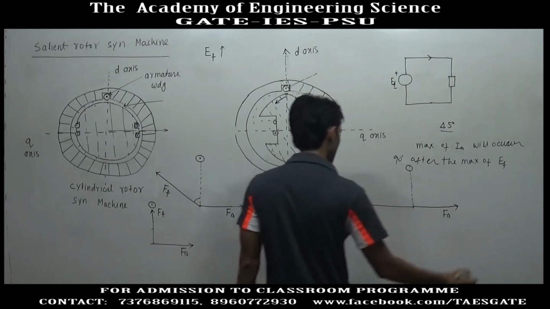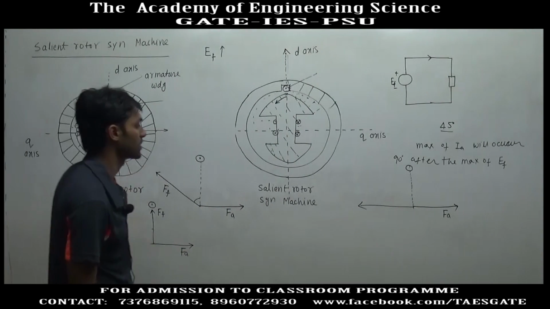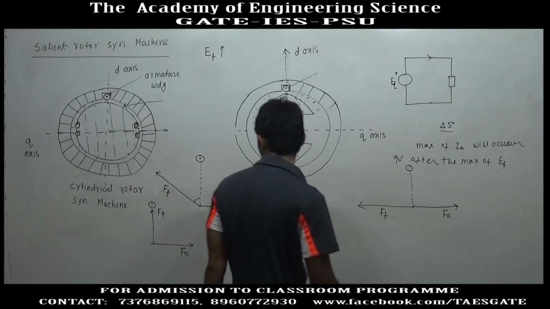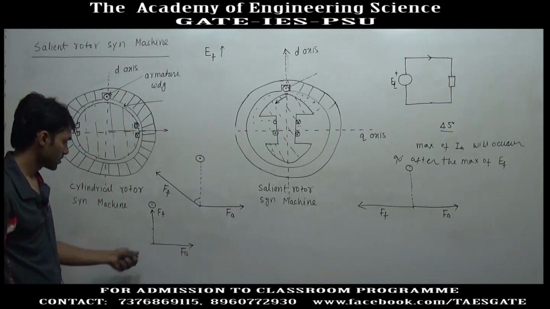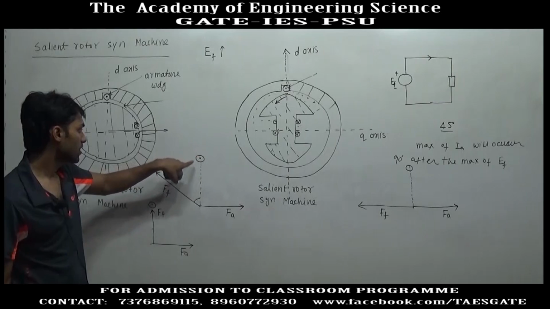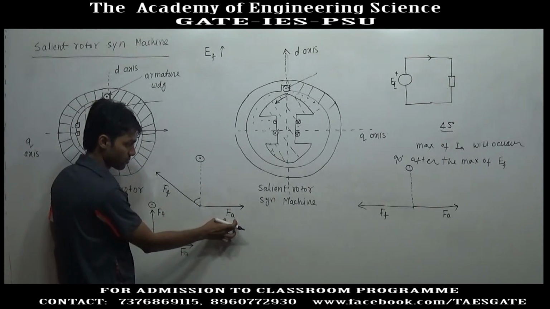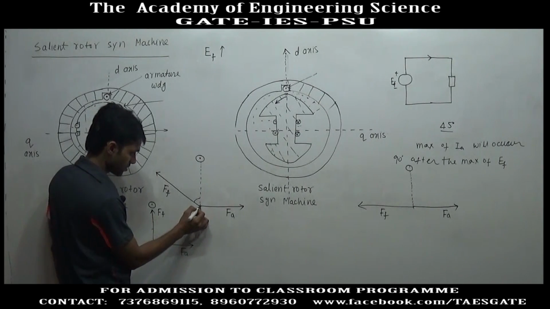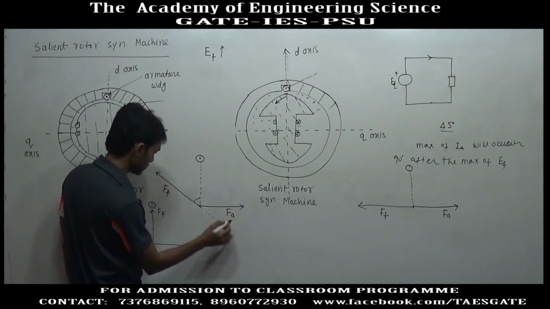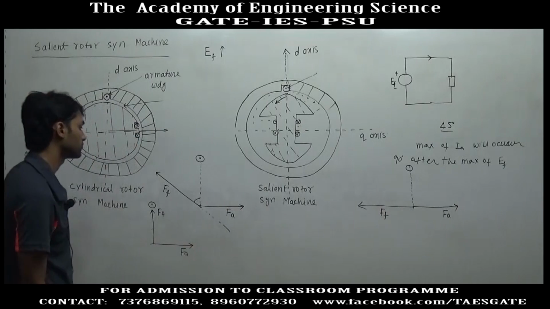So, the two MMFs are, we have already done this exercise. If the current is purely lagging, the two MMFs will be opposite to each other. If the current is of unity power factor, the armature MMF will be cross magnetizing. In case of a general lagging current, a part of the armature MMF will be opposite to the field MMF, and another part will be cross magnetizing.